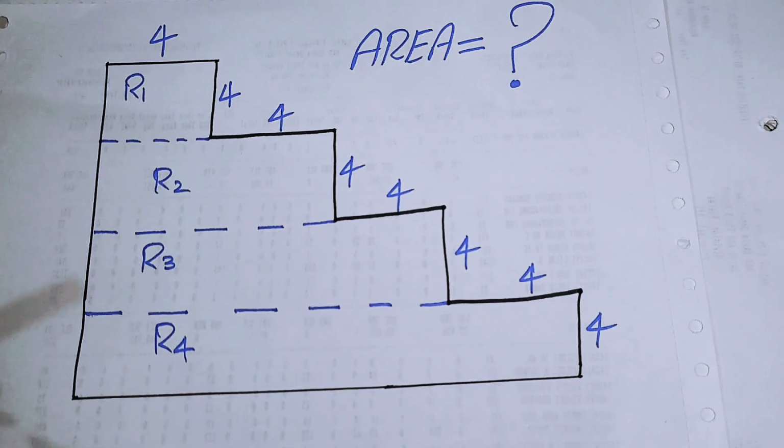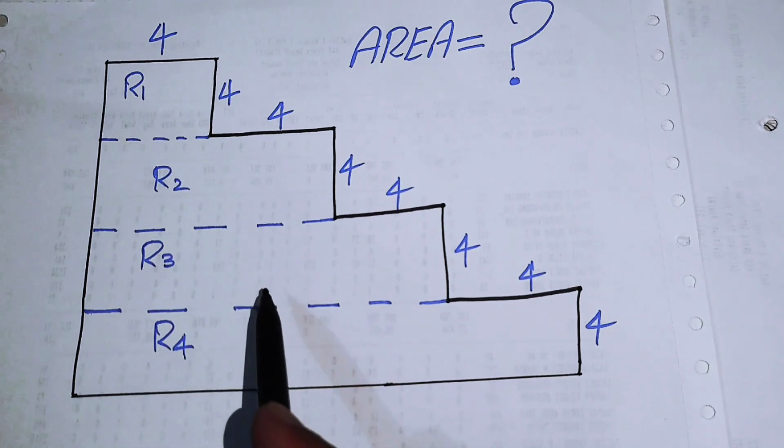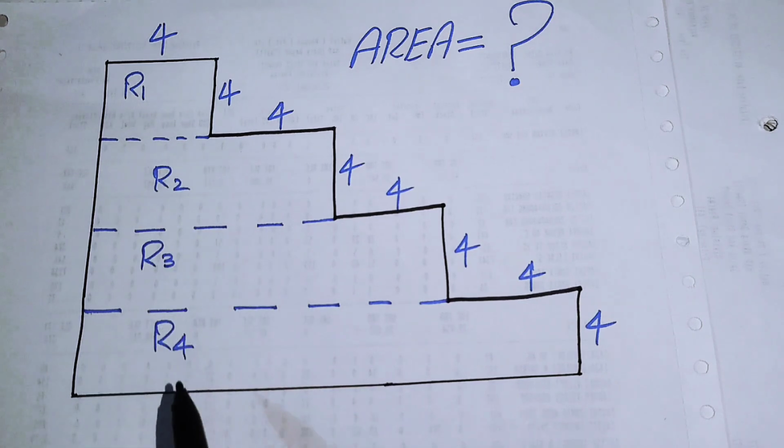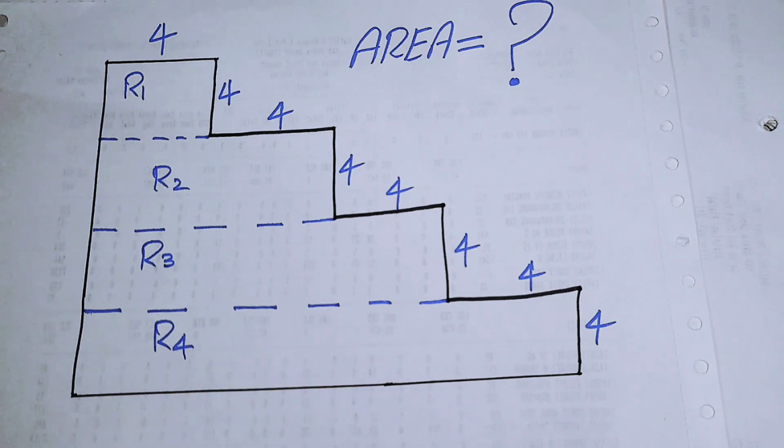When we divide our total region into these four regions, we convert our complete diagram into four rectangles: rectangle 1, rectangle 2, 3 and 4.